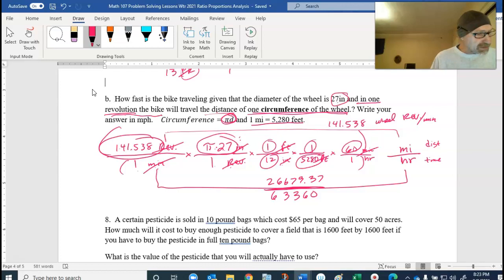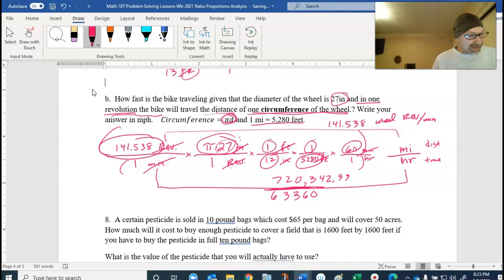Something's wrong with that picture. Oh, I forgot to multiply by 27. This number is mistaken. I left out my 27. This was 720,342.99.